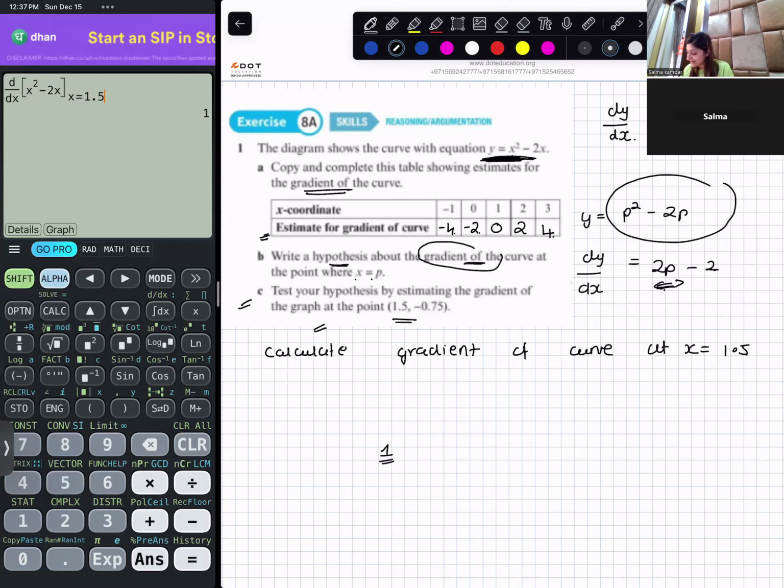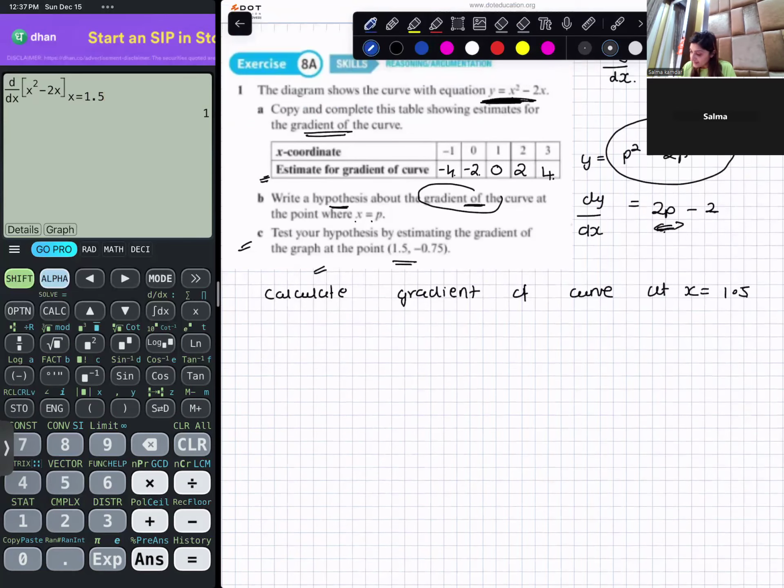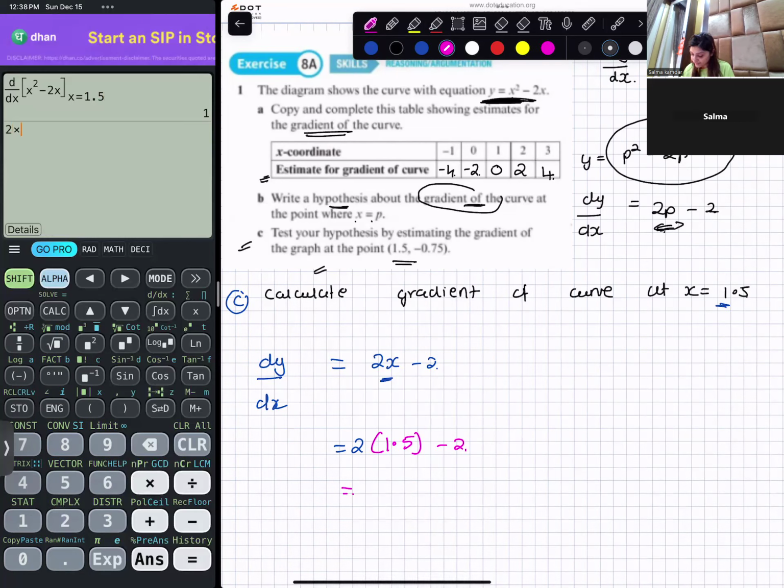But I need to show my calculation. So how would I do it? C part. I will calculate my dy by dx, which is nothing but 2x minus 2. Now instead of x, I am going to put 1.5. So it's going to be 2 times 1.5 minus 2. 2 into 1.5 is nothing but 3, minus 2, which is equal to 1.